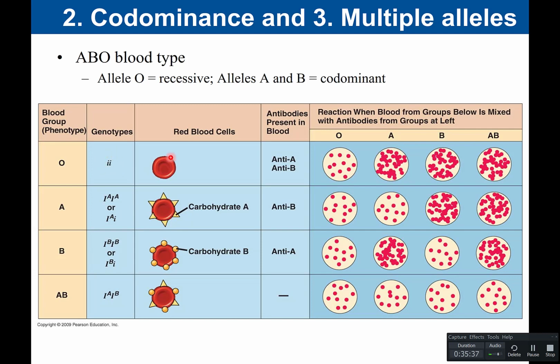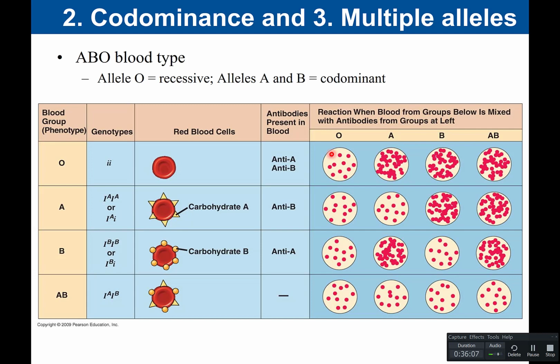This is recessive, and what that basically means is that the red blood cells are, think of it like, naked. They don't make an A carbohydrate. They don't make a B carbohydrate. They don't make either. So somebody who is blood type O can receive O blood, because O is seen as self, because other O blood does not have those carbohydrates on it.